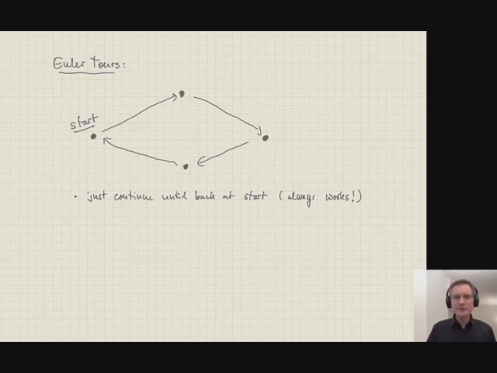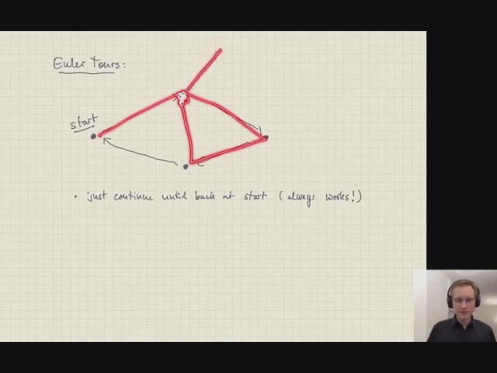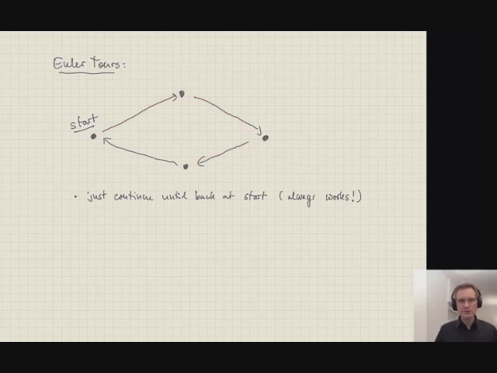Well, because of the even degree condition. Suppose, for instance, you would end up here at this vertex. And now if you count the degree, you have used 3 of the incident edges. And because of the even degree condition, there must be a 4th one leaving again. So that means I can always continue because of the even degree condition, and because the graph is finite, at some point in time, I will come back to the start vertex. So that always works.